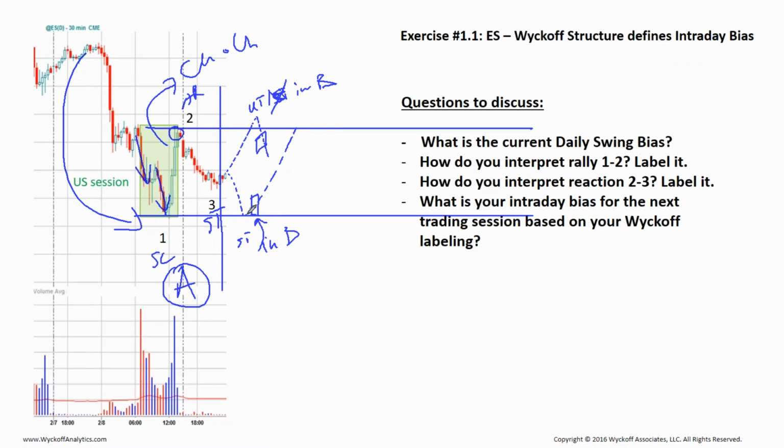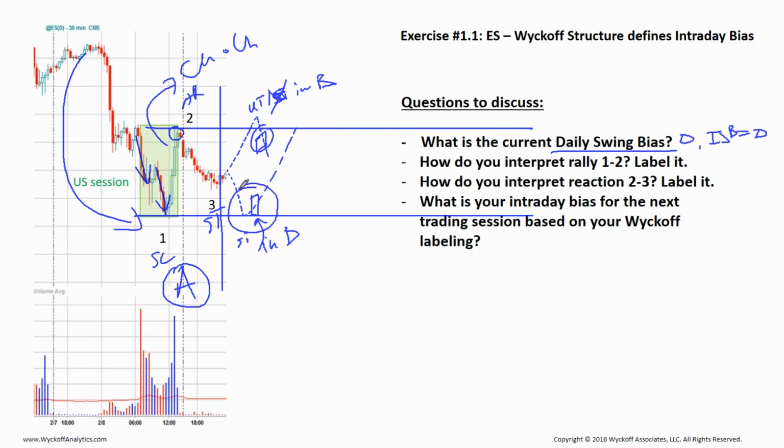Again, these are two possibilities that we might have if it happens during the US session. We might have a situation when the price goes up, touches the resistance, reverses, and this reversal is going to be an indication for us to establish a position to the downside. We can do this because the daily swing bias is to the downside, and the intraday swing bias is to the downside as well.